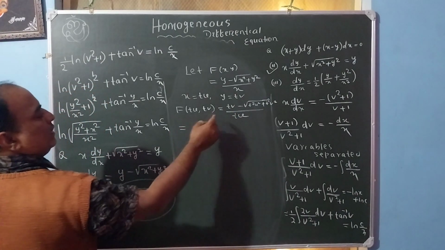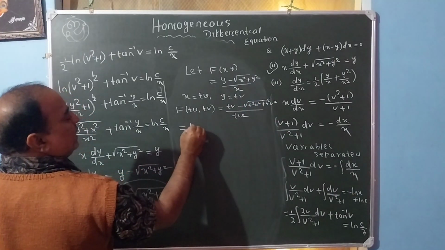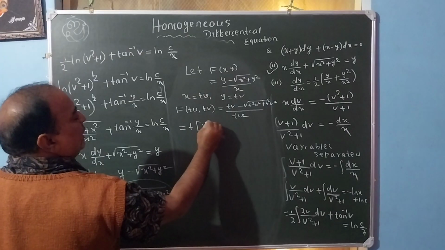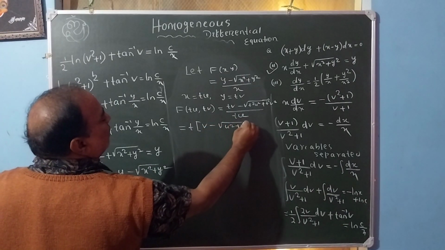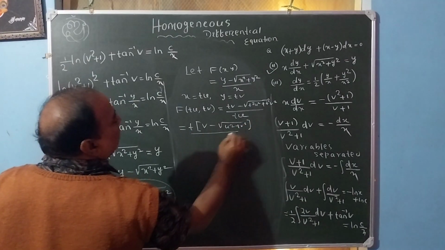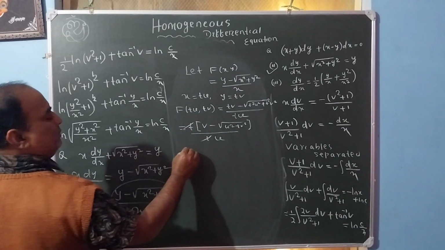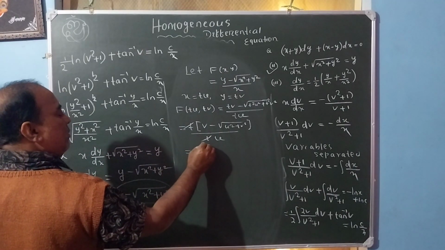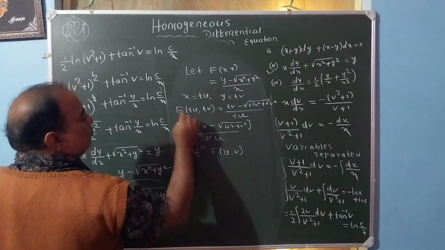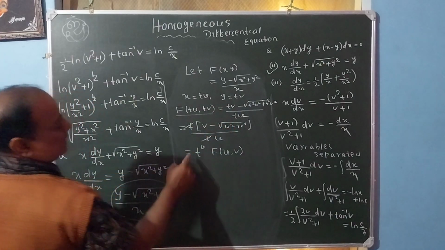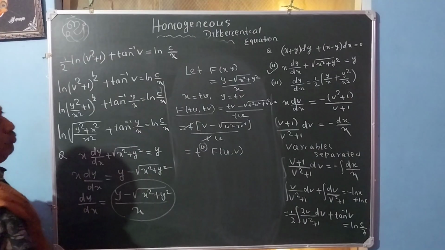Taking t common, we get v minus root of u square plus v square, by u. The t cancels. That can be written as t to the power 0 f of u, v. So f of tu, tv is equal to t to the power 0 f of u, v.